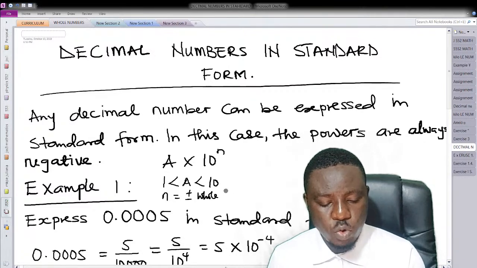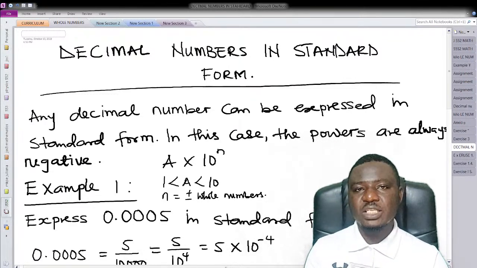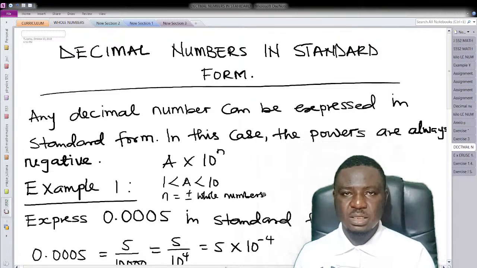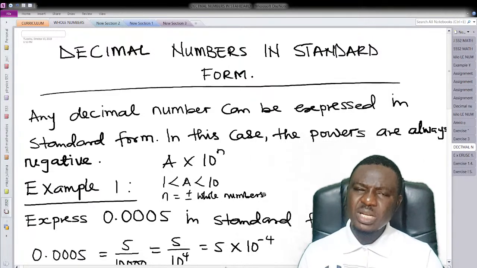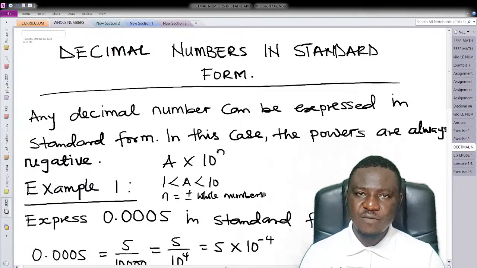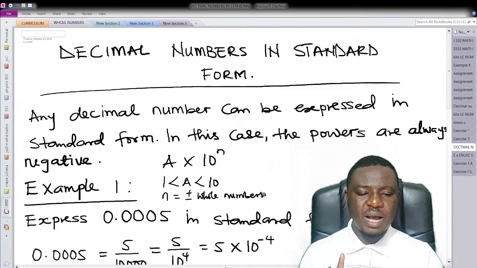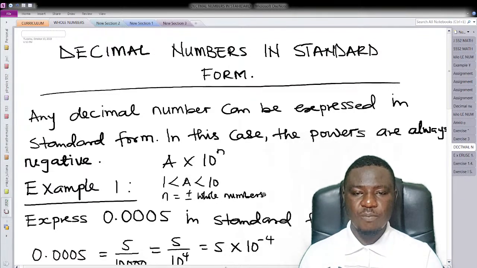That was the two conditions I gave at the previous classes. So we have looked at how to express whole numbers in standard form. In today's class, we shall be looking at decimal numbers in standard form. Any decimal number can be expressed in standard form.